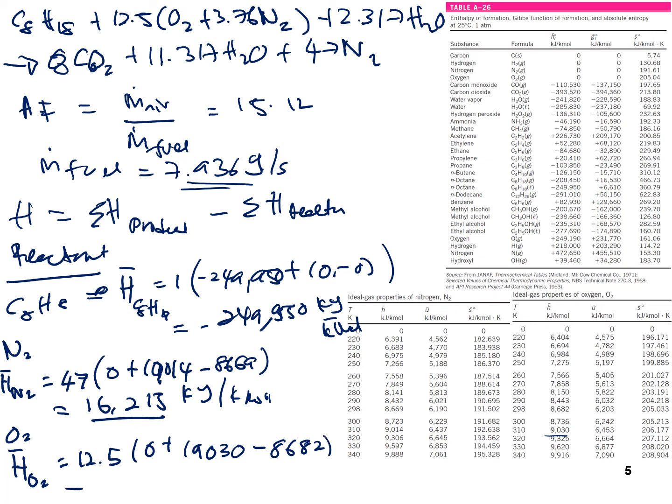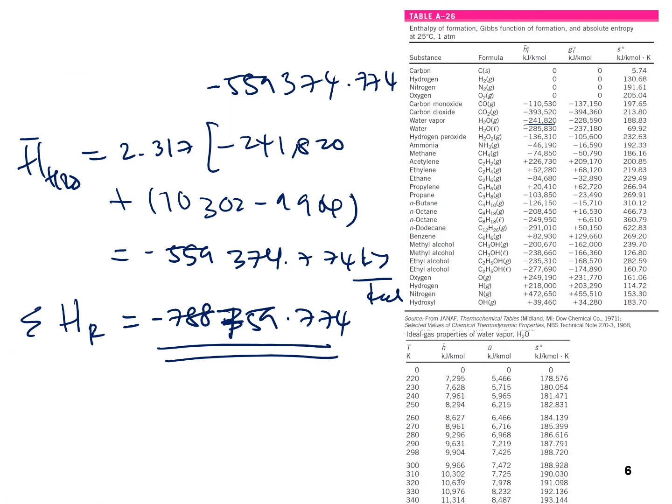Okay, which is equal to 9030 minus 8682 kali dengan 12.5, 4350. Tolong tulis nanti ya. Okey. Tolong tulis nanti nilai dia semua ni, minus 249. Tulis nanti ya. So how much enthalpy for the reactant?